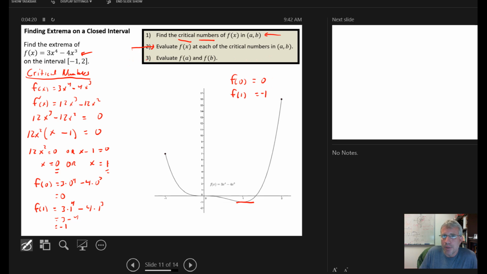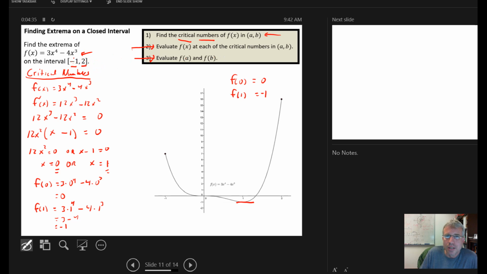The next step in finding the extreme values, or the max and min outputs of the function on a closed interval, is to evaluate the function at the endpoints if the endpoints of the closed interval aren't themselves critical numbers.